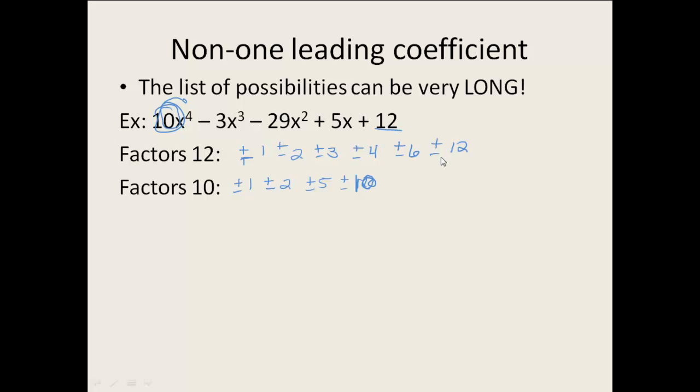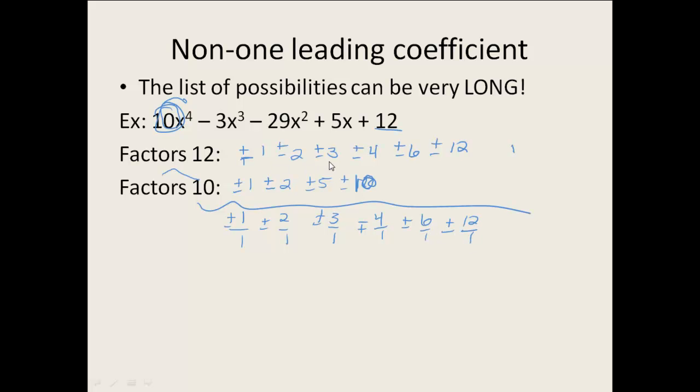Now, when I go to do my list of possibilities, I would have to do plus or minus 1 over 1, 2 over 1, 3 over 1, 4 over 1, 6 over 1, 12 over 1.